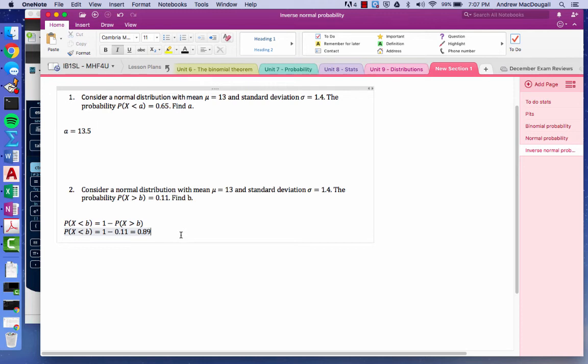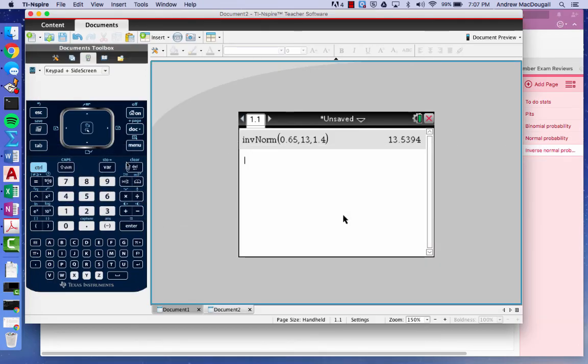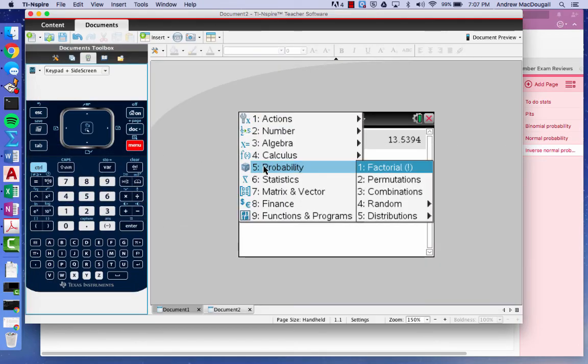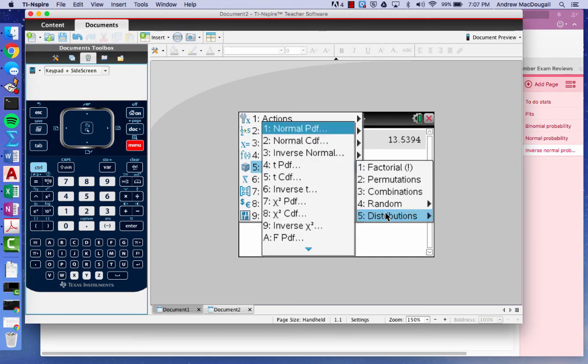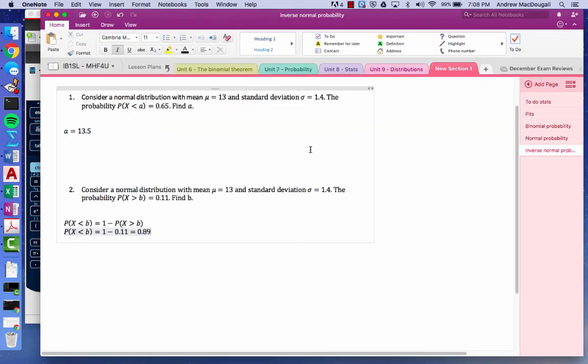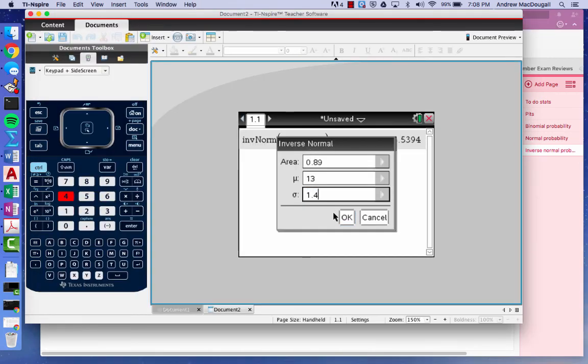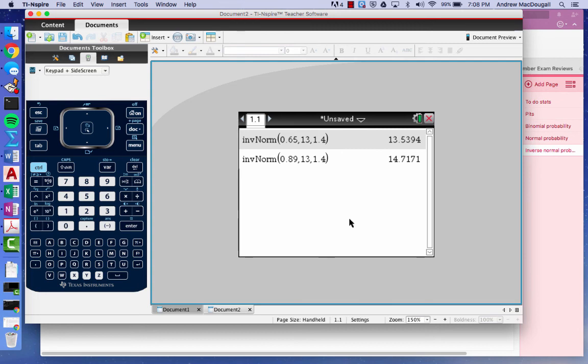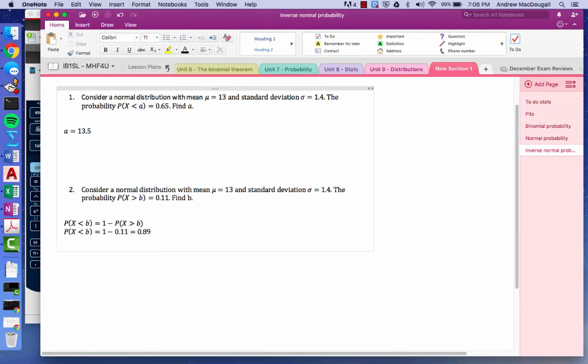So now we can use inverse normal with an area of 0.89 to solve for b. So let's do that. 0.89, 13, and I always forget the standard deviation, 1.4. Here, b is equal to 14.7.